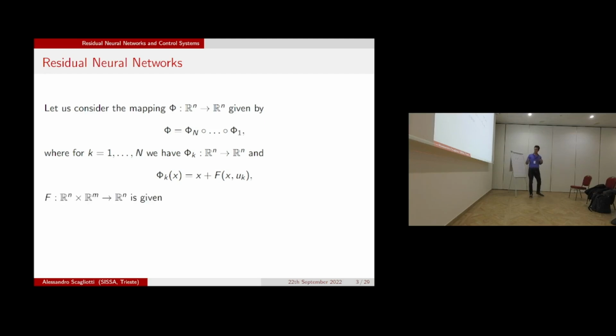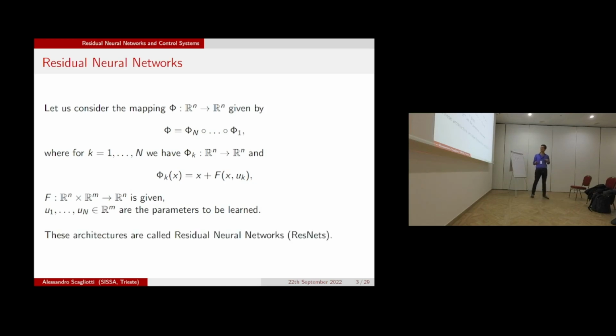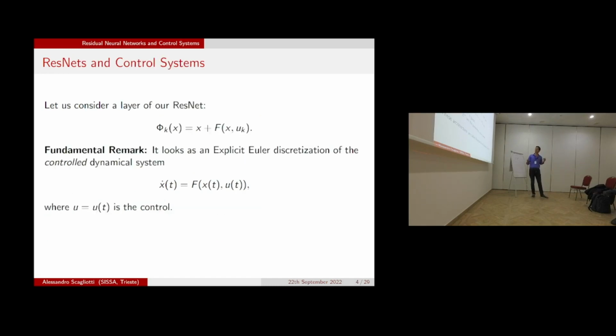The function capital F is assigned, and together with the number capital N of layers is part of the ResNet architecture. On the other hand, the parameters u1, ..., uN, or the weights, should be properly set or learned during the so-called training process. This kind of architecture is called a residual neural network.